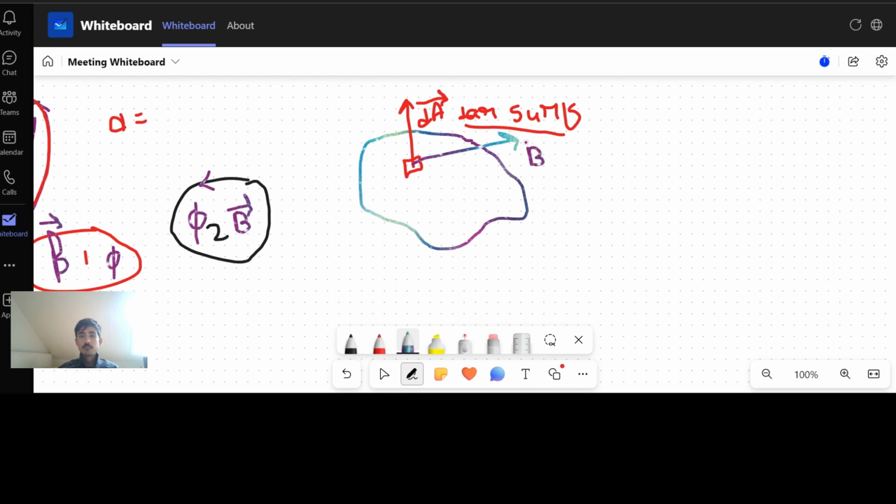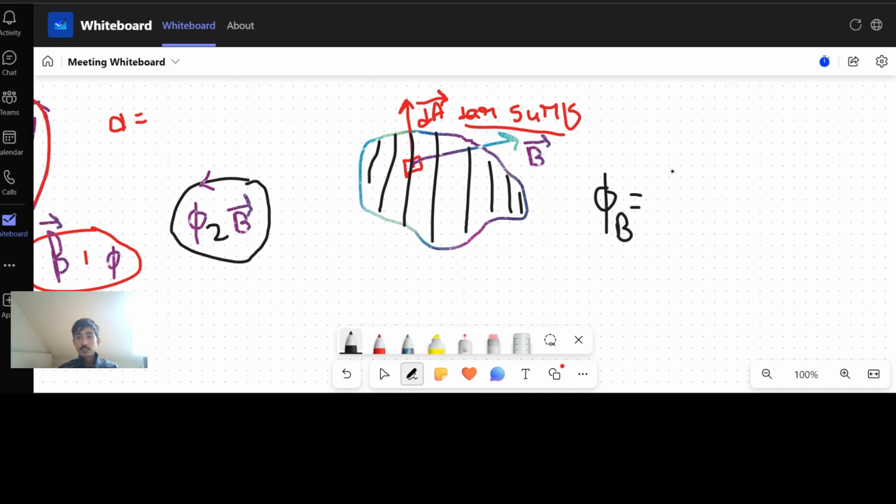Then the total amount of magnetic field that comes through this surface is basically the flux. This is phi, the flux of B, the magnetic flux, because we have electric flux also.